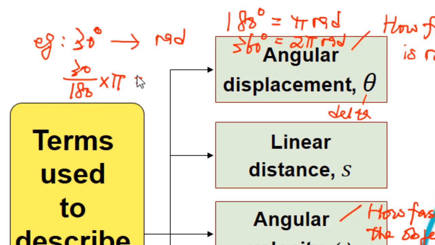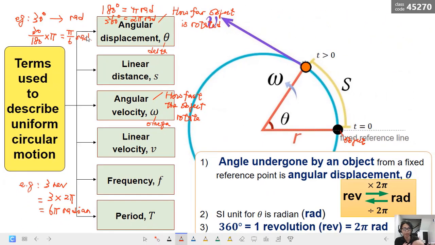So, I'll get it in radian. So 30 degree in radian will be 30 over 180, so it will be pi over 6 radian. So we need to know how to convert the unit for angular displacement from radian to revolutions or from revolutions to degree. Okay?